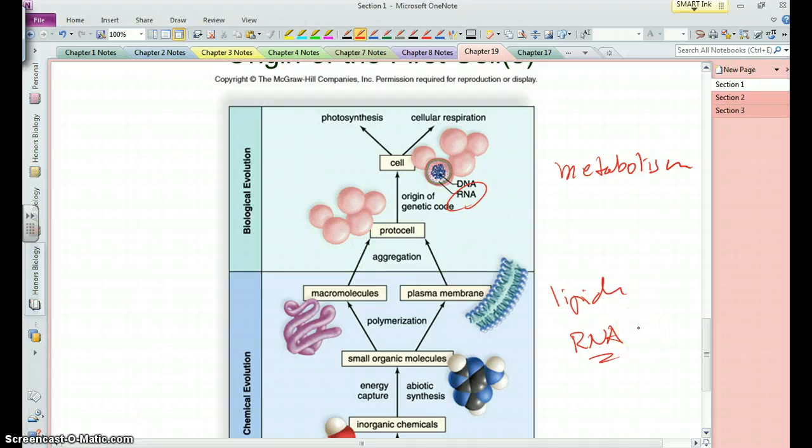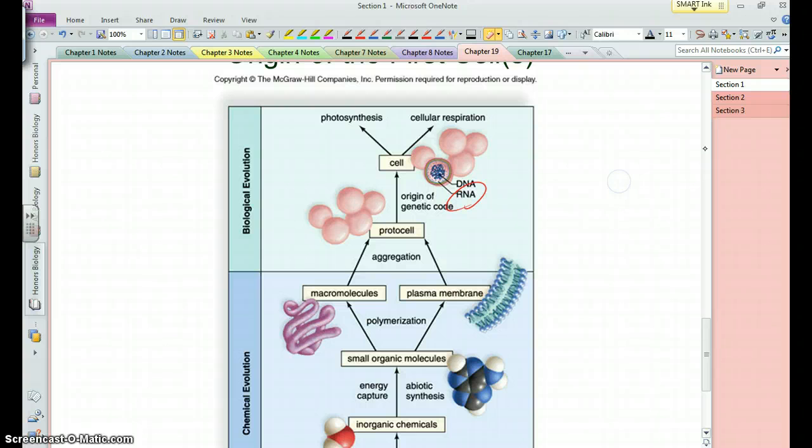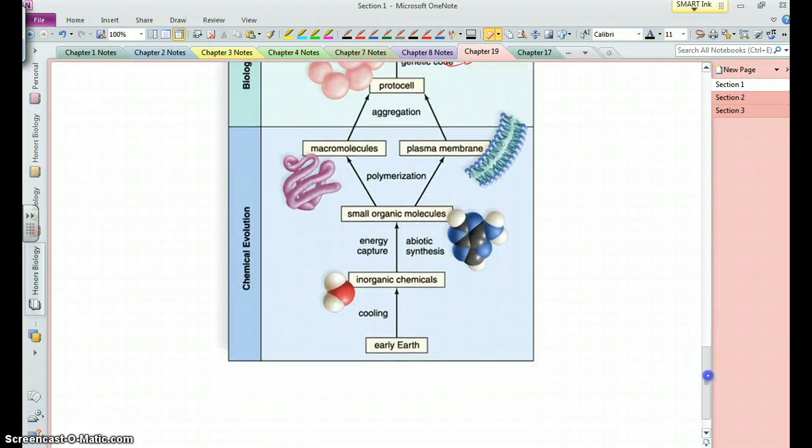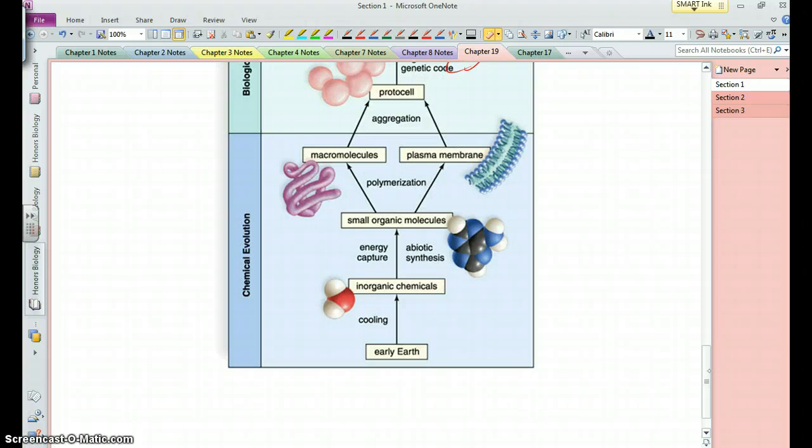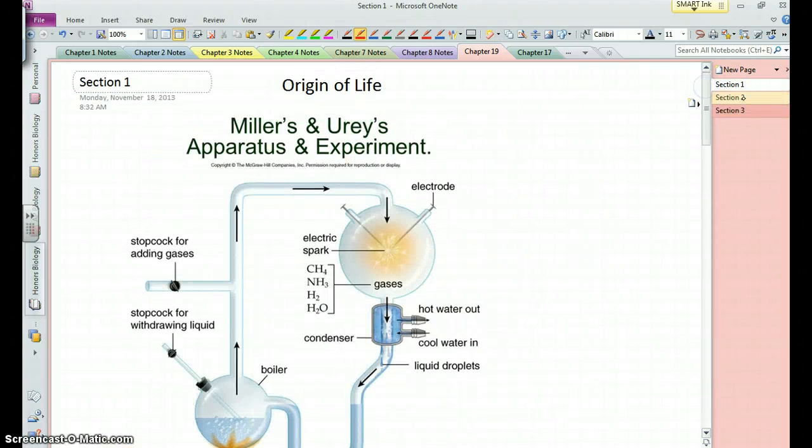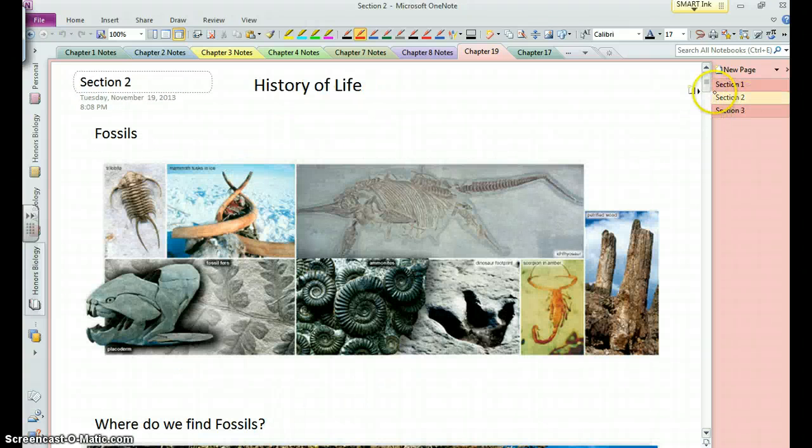The cell can then begin to divide, so you have sort of a simple type of reproduction present. So, in this oxygen-free world, you can get the building up of these molecules and the formation of cell-like structures. Alright, so that's presumably, or at least the scientific explanation of how the first living things came about.